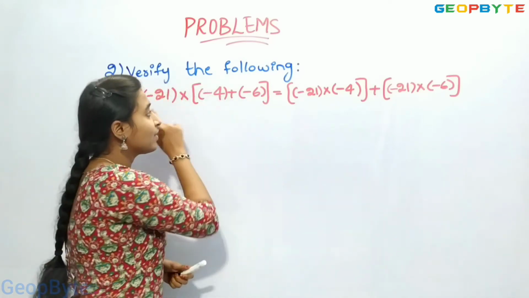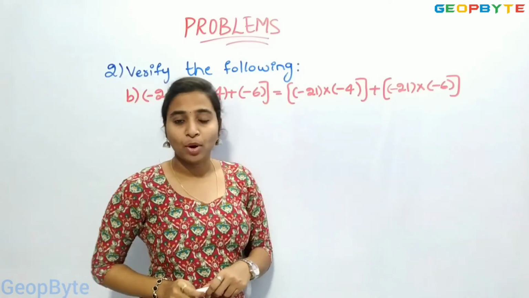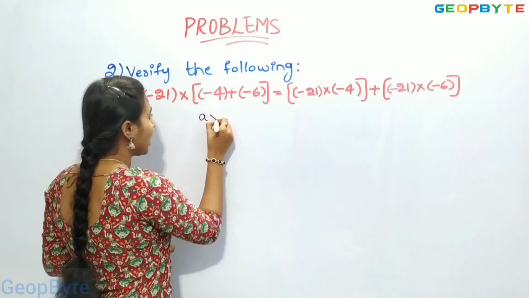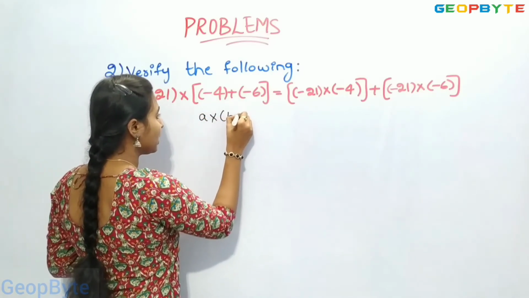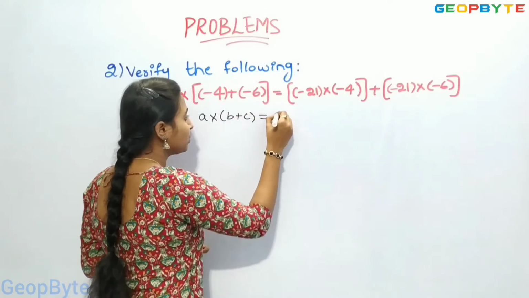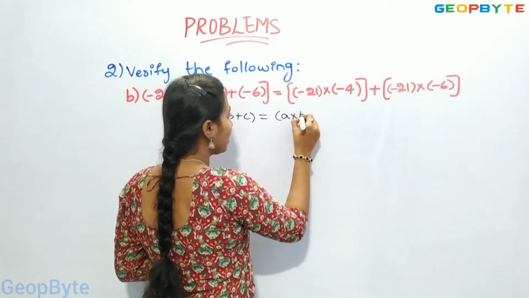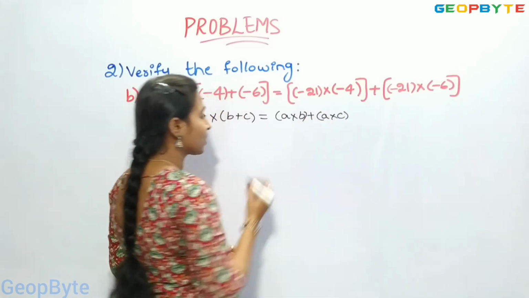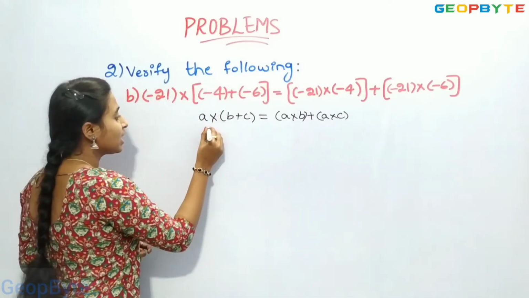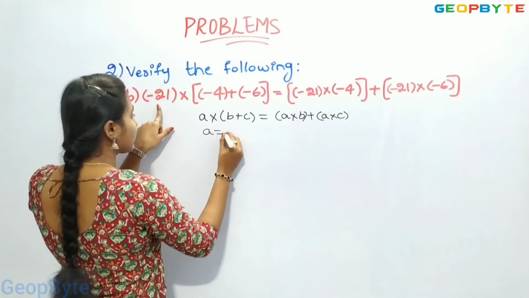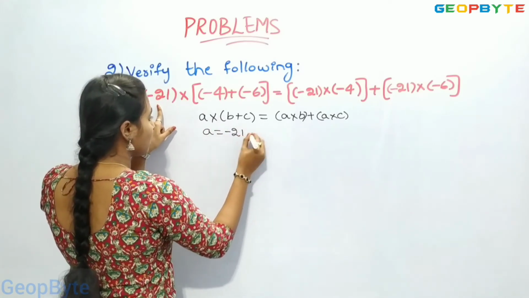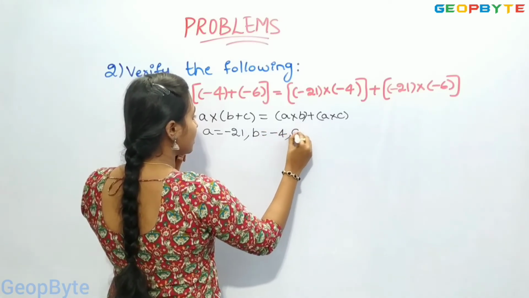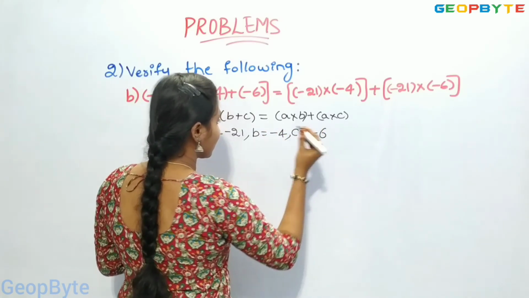If you see, this is also in the form of distributive property, that is A into B plus C is equal to A into B plus A into C. Here A is minus 21, B is minus 4, C is minus 6.